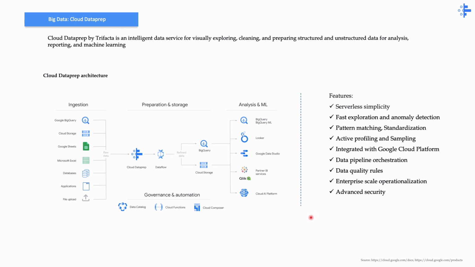So, going through the topics that we have discussed, Cloud Dataprep is a very important step in terms of analyzing, profiling that data, applying data quality rules, doing the matching of data, and having that data sent to different services for advanced analytics or deeper insight. Cloud Dataprep plays a very important role.